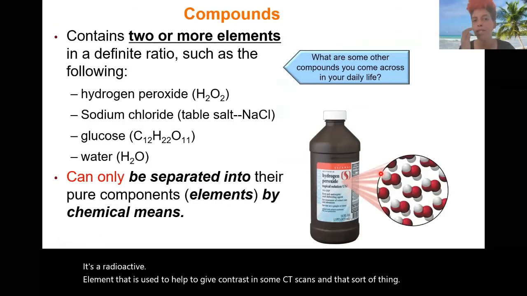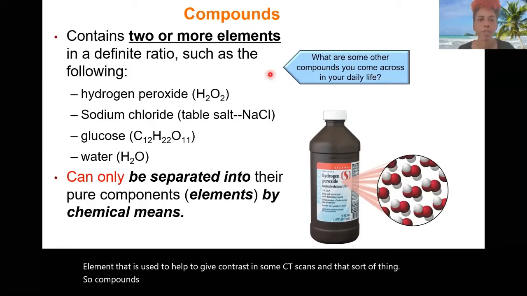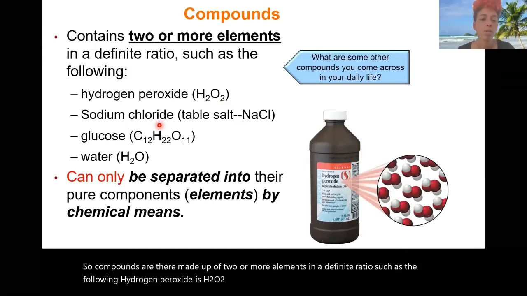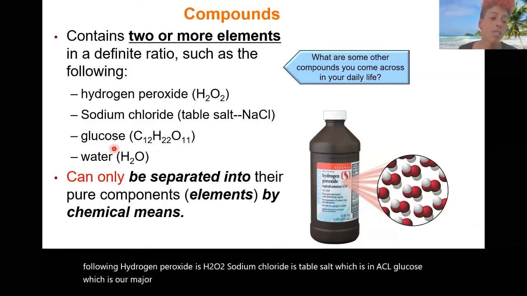So compounds are made up of two or more elements in a definite ratio, such as the following. Hydrogen peroxide is H2O2, sodium chloride is table salt, which is NaCl. Glucose is our energy currency.